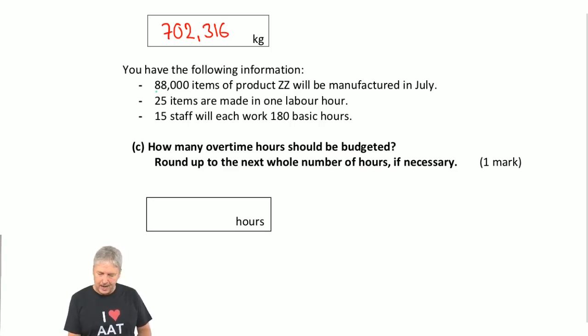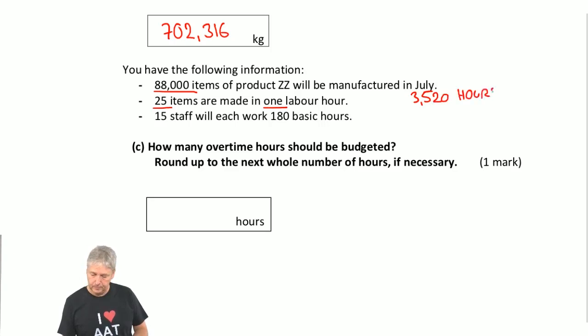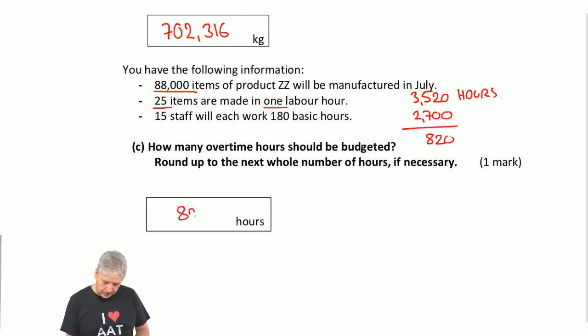If we take 88,000 and 25 are produced in one labour hour, couldn't we say 88,000 divided by 25 gives us 3,520 hours. The staff, 15 staff working 180 basic hours is 2,700. One minus the other, 820. That is our answer.